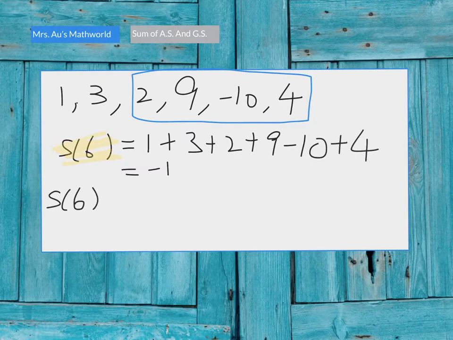If I have 6 terms, this one must be starting from the first term. So S6 means the yellow one, all of them. With the S6, it means all of them, but I don't want 1 and 3 because I only want 2, 9, -10, and 4. If I don't want them, that means we can use subtraction.